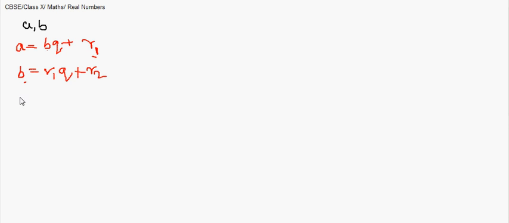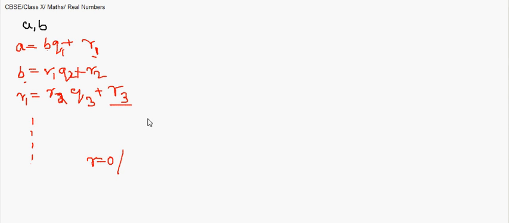So we move on to the third step, wherein R1 is expressed in terms of R2Q, giving R3. This is Q1, this is Q2, this is Q3, plus maybe R3, the third remainder. You continue with this for as many steps as needed till you get the remainder to be 0.